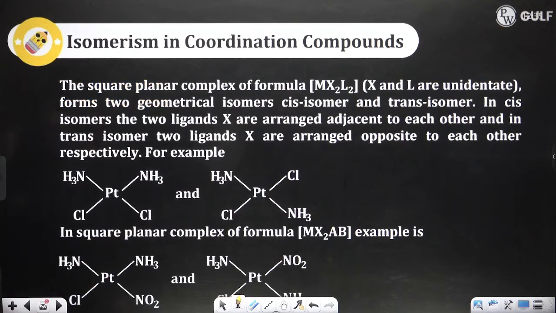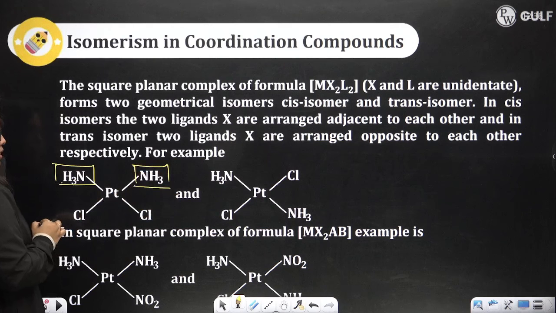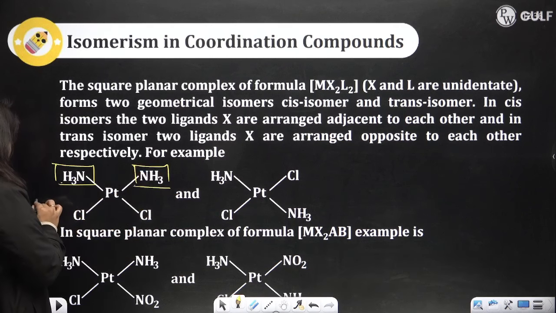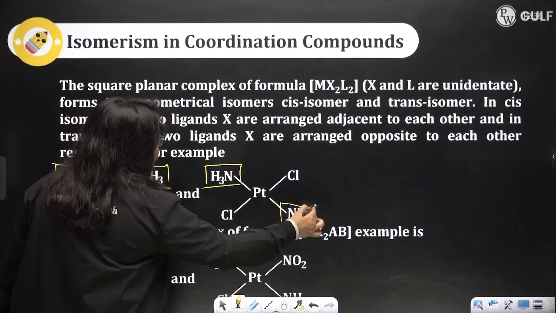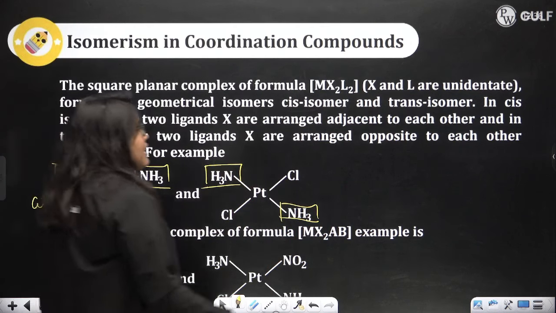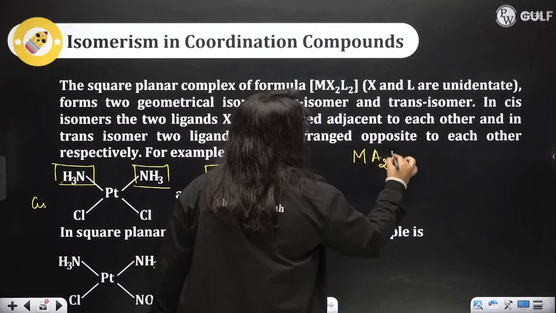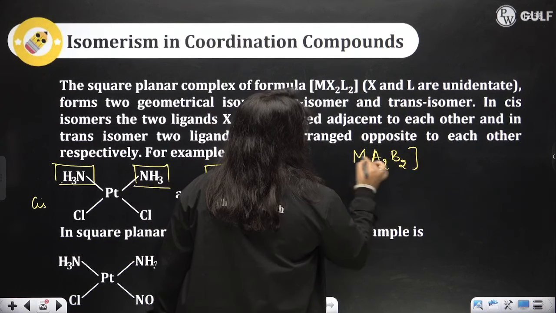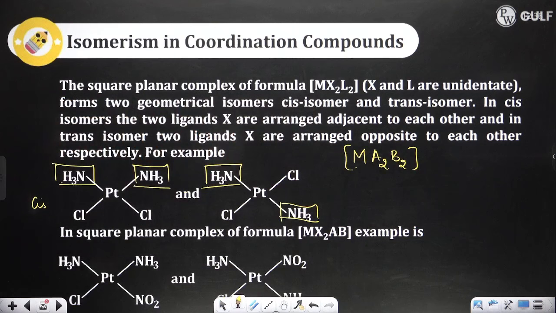Now, look at it. When the two similar ligands, Cl, are on the same side, this is the cis isomer. On the opposite side, the trans isomer, right? So this is M, the metal atom, in A2B2 kind of coordination compounds where A is a ligand, B is a ligand.